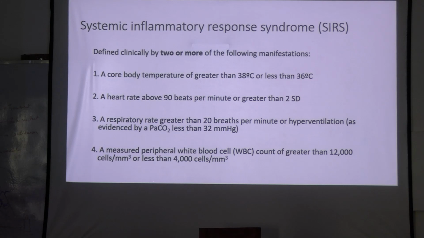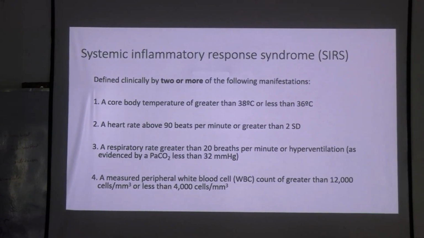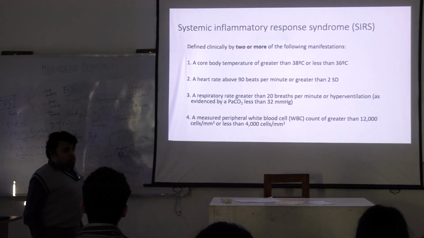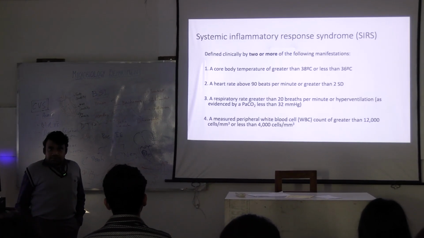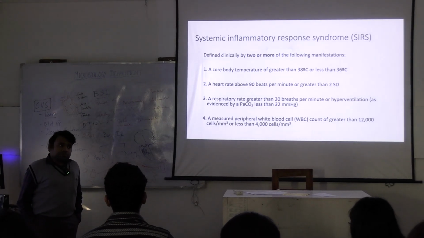This terminology was used earlier, that is called SIRS, or Systemic Inflammatory Response Syndrome. When do we say a patient is in SIRS? Defined clinically by two or more of the following: a core body temperature of more than 38 or less than 36, that means hyperthermia or hypothermia, both.